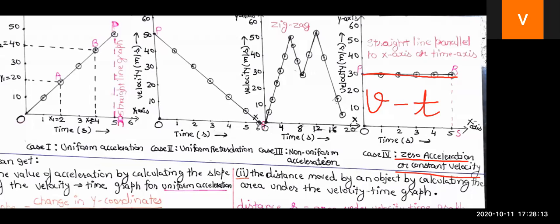Distance वही है, means आपकी scooty वहीं खड़ी है. So it is at rest for the distance time graph. But here your scooty is moving constantly with 30 meter per second. So it is not at rest, it is moving, but speed is constant. Okay, then this is your velocity time graph for zero acceleration or constant velocity.